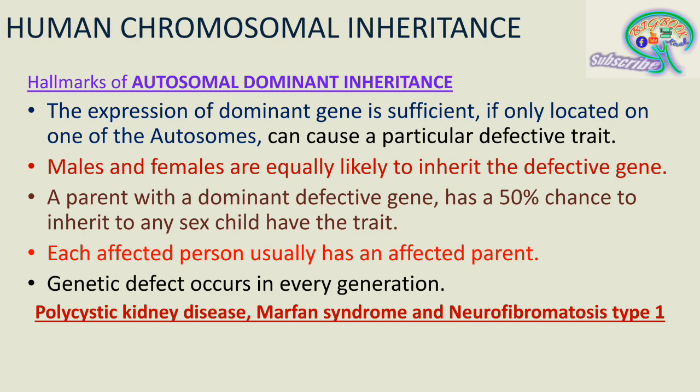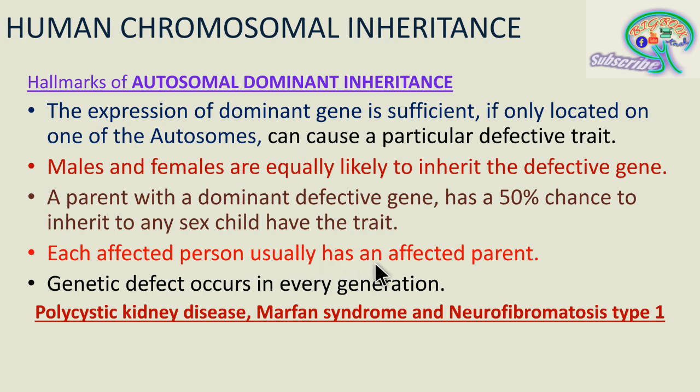They are going to be inherited by or segregated to any sex of the individual. So a parent with a dominant defective gene has a 50% chance of passing the trait to a child of any sex. In the sense that whichever parent takes part in the inheritance, either parent is equally likely to pass on the trait.